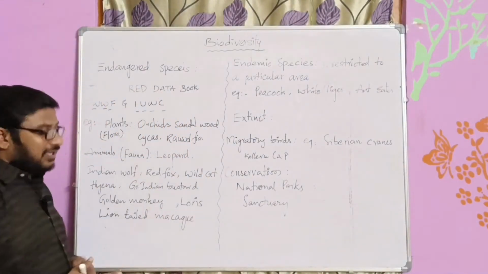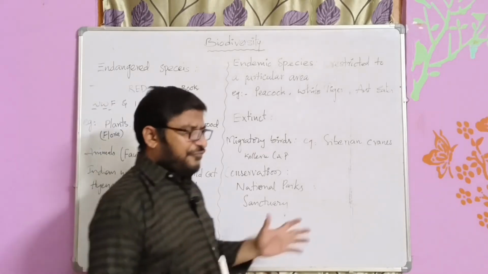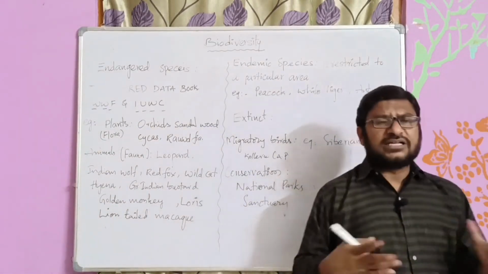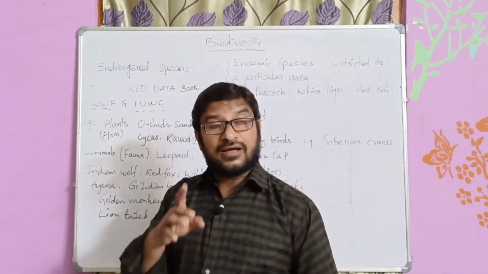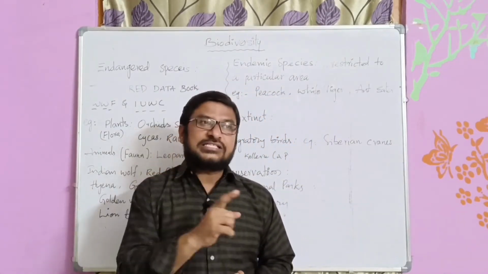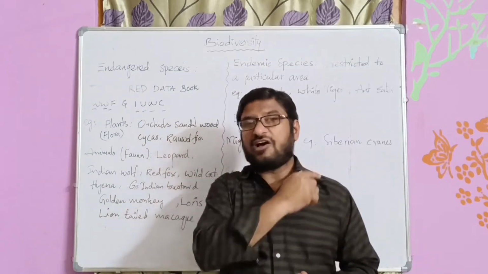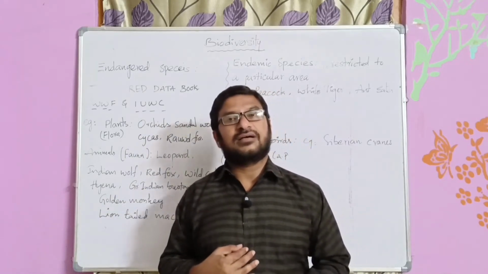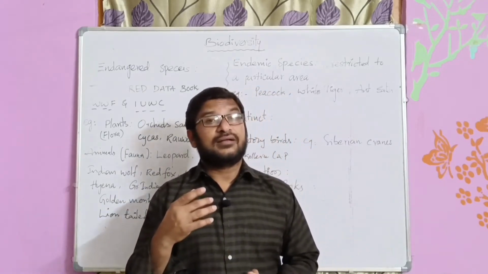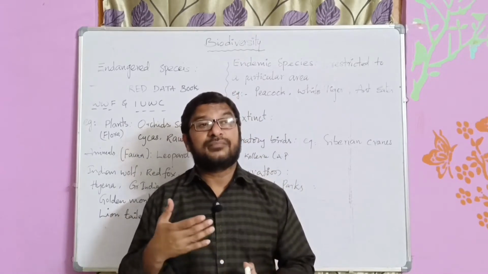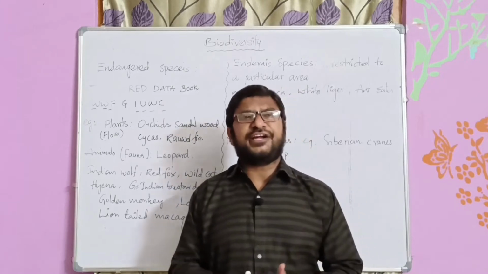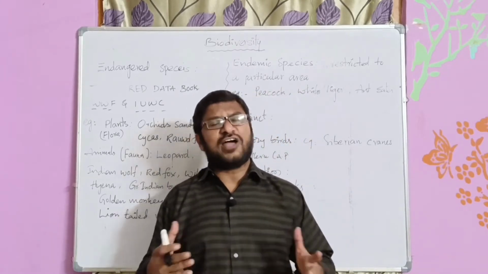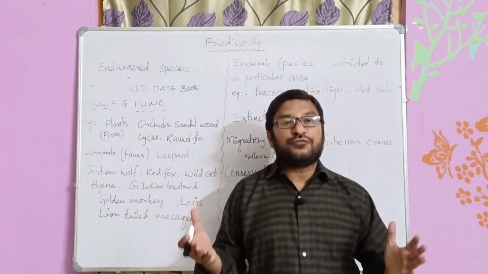So let us come here. If we do not conserve this biodiversity, means if we do not conserve the living organisms, then they will become less in number. It affects the food chain, it affects the food web, it affects the environment, it even affects the food crops.